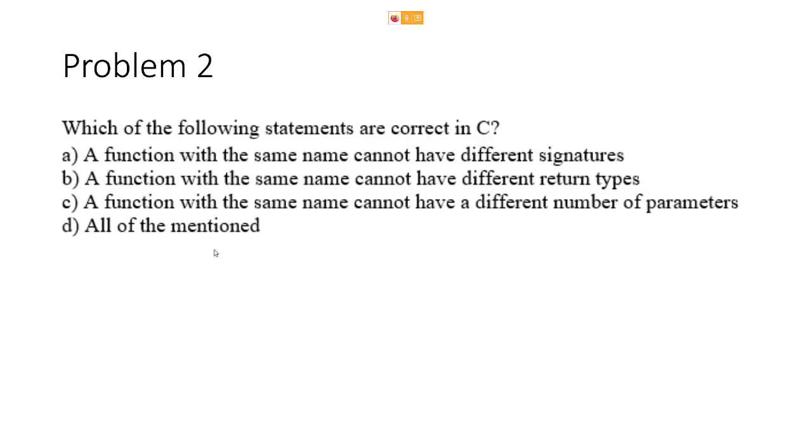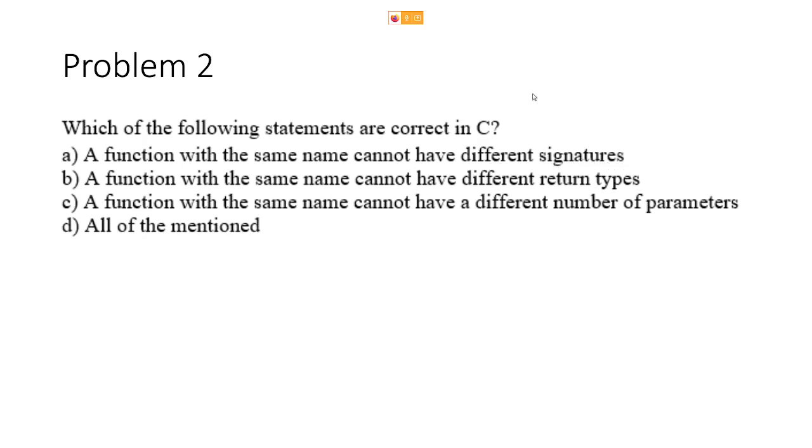Here, the problem is asking you to choose the options that are correct in C. Option 1 is that a function with the same name cannot have different signatures. Signature means how you declare a function.